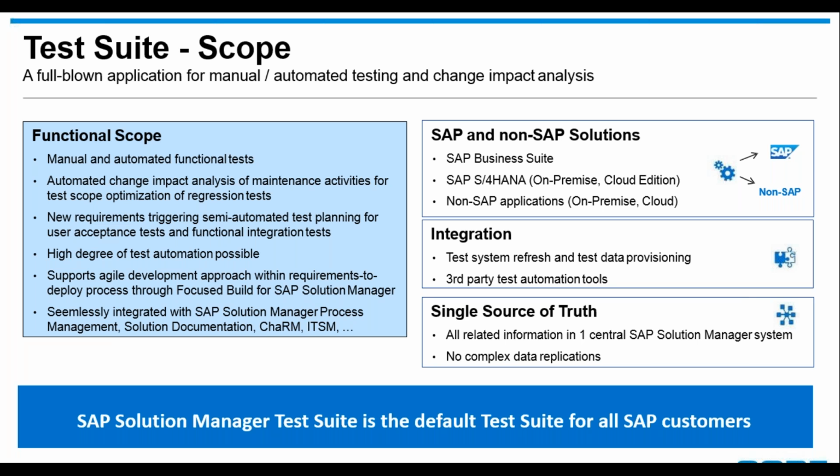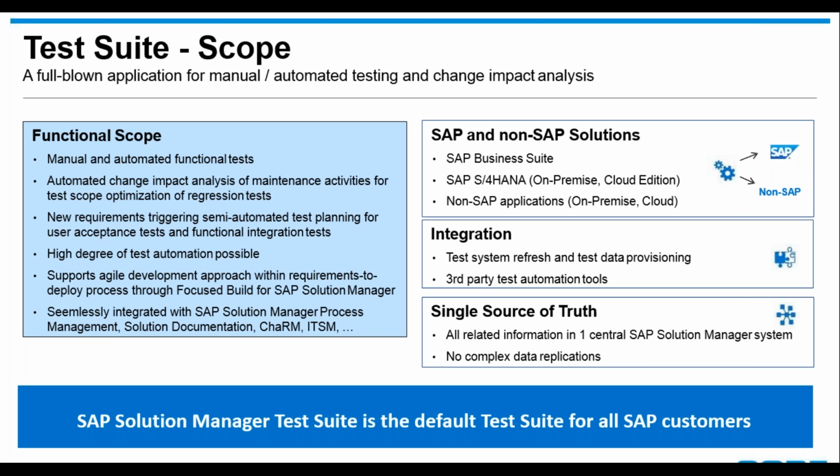Single source of truth really means, for testing, we talk a lot about single line of sight all the way from requirements through all the test cycles, defect management, and reporting. So you can trace requirements all the way through, see that the requirements are tested and whether they passed or failed.